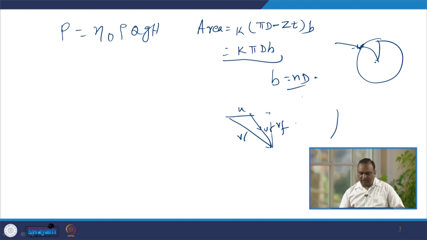Now, Vf by Vw, this is angle alpha, the blade inlet angle. So, blade inlet angle or guide vane angle is the same thing.